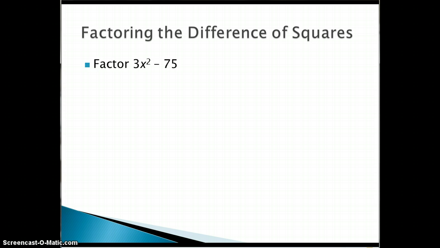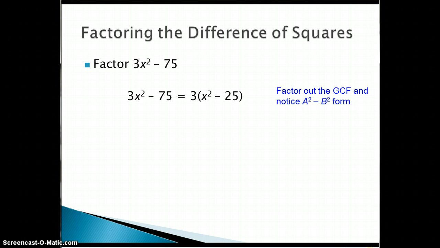Okay, how about this example? Well, 3 is definitely not a perfect square. Don't forget, you always need to check for a greatest common factor. And 3 and 75 have a common factor of 3, so if we factor out the 3 first, then notice that we do have a difference of squares left over, the x squared minus 25.